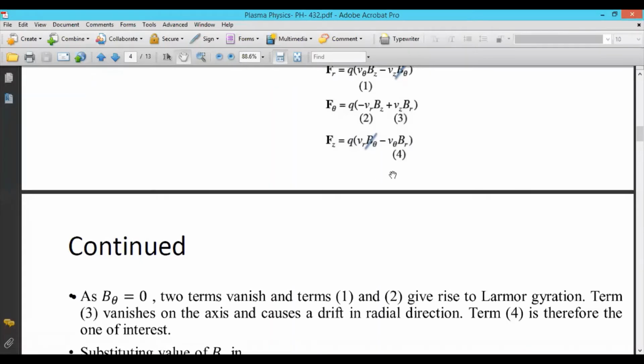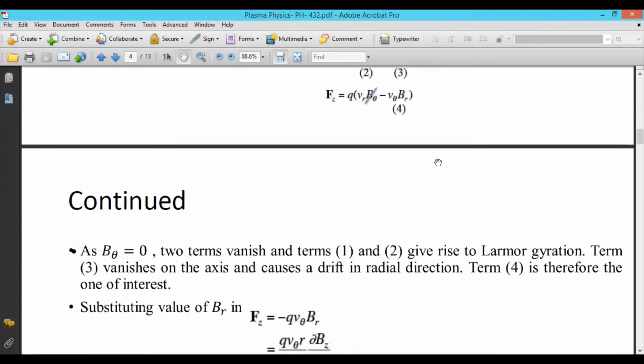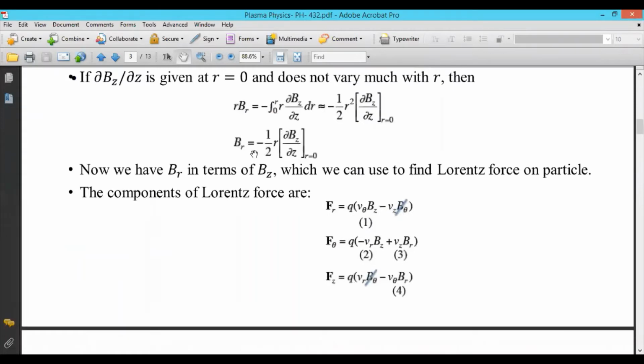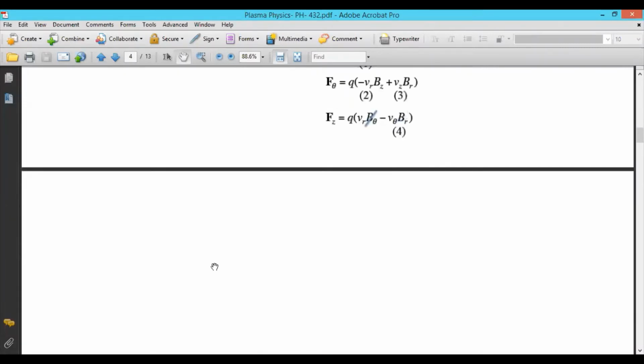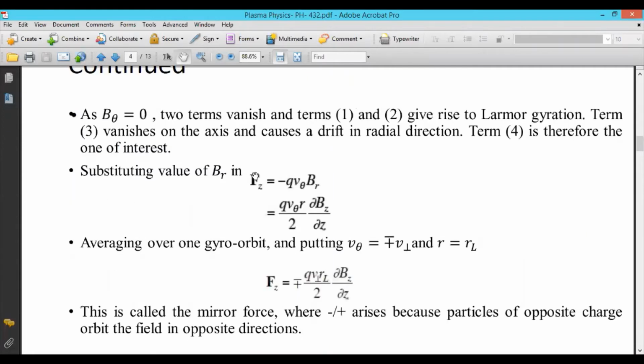If we substitute B of r, the value we have obtained earlier, into F of z, we can obtain the relation F of z equals minus q v theta B of r equals q v theta r over 2 partial z of B z.